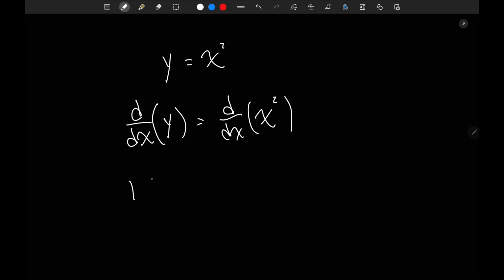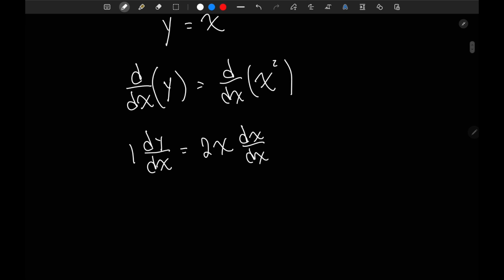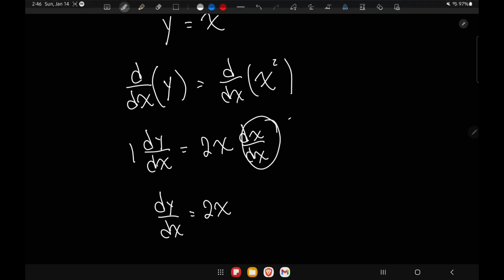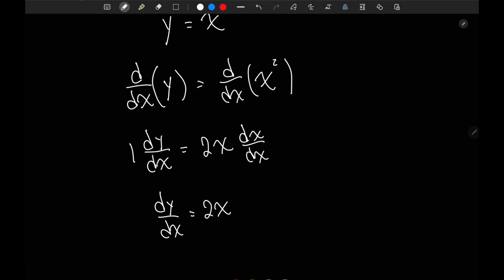So we're left with 1, and we took the derivative of y with respect to x, and then on the right we have 2x, and we took the derivative of x with respect to x. And now if we simplify this up, we don't have to write the 1. We're left with dy dx is equal to 2x, where again dx simplifies to 1.